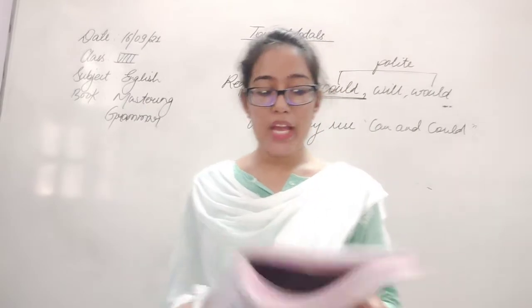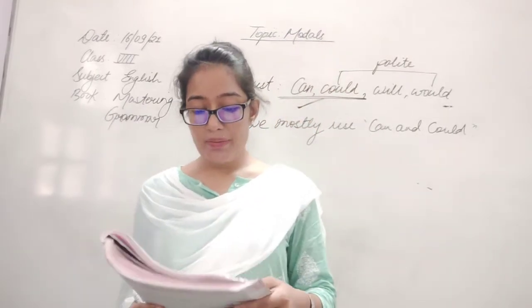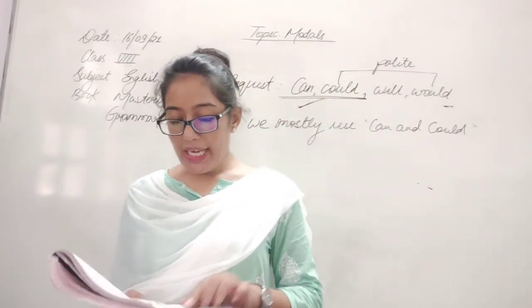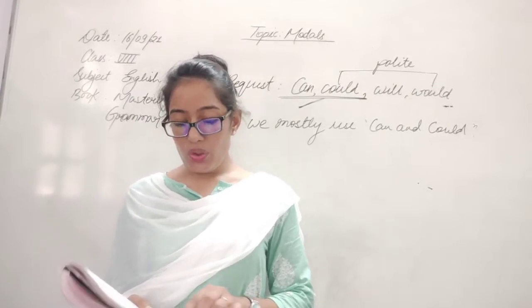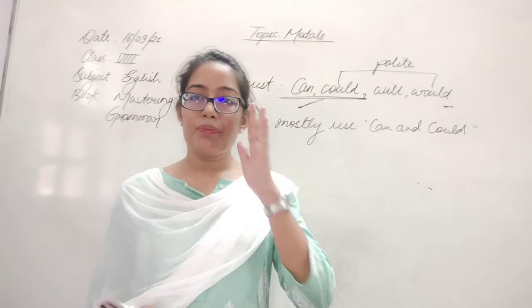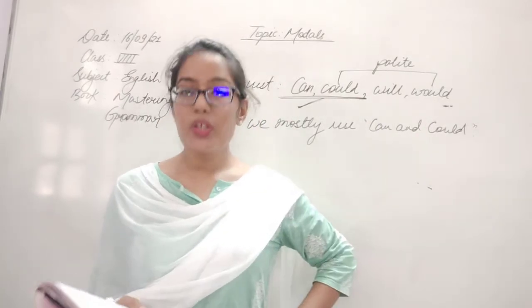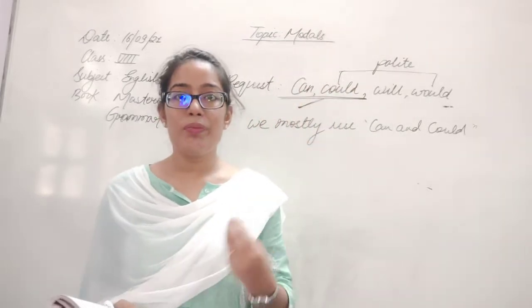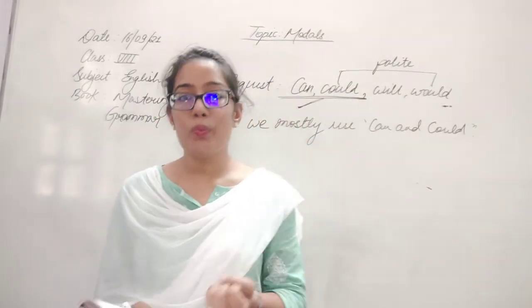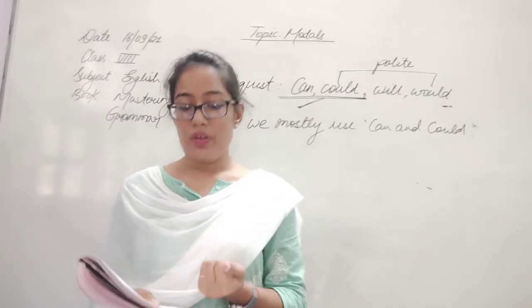Okay. I hope you are getting what I am saying. Can you switch off the fan? Could you make some lemonade for me? So when you say, could you make some lemonade for me, it is more humble, more polite, more soft, genuine.